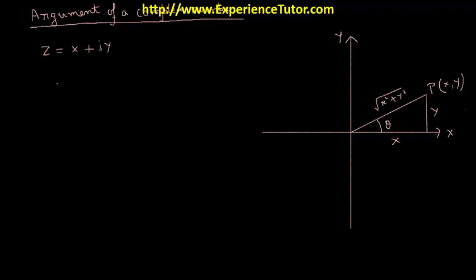Then the length of OP, from the origin O to the point P, is the square root of x squared plus y squared. Now cos theta will be x upon the square root of x squared plus y squared, that is base upon hypotenuse according to Pythagoras theorem.